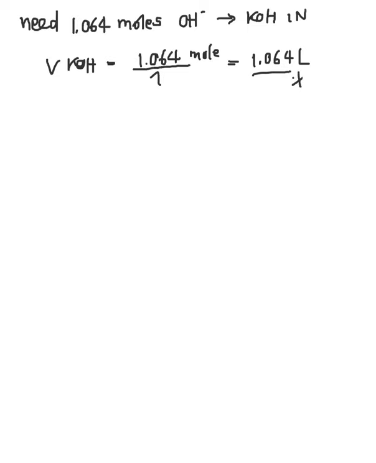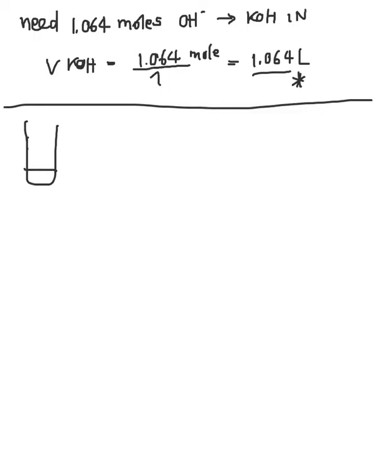So to sum up, when you have the beaker, the first one, you have to add H3PO4, and we already calculated which equals 0.4 liter. And then next, you need to add KOH, and that is equal to 1.064 liters.